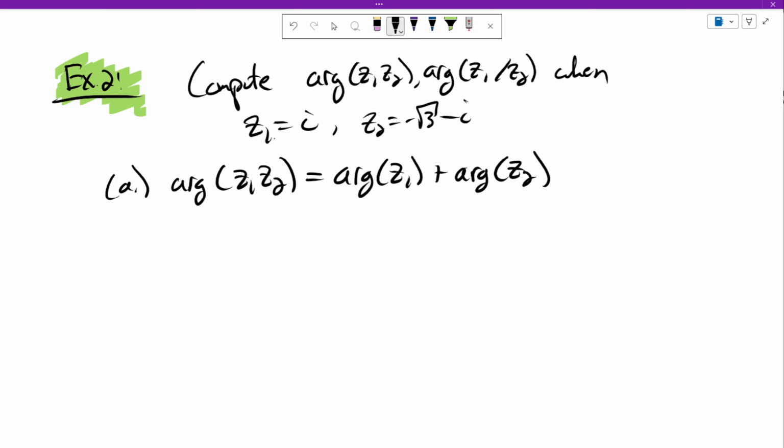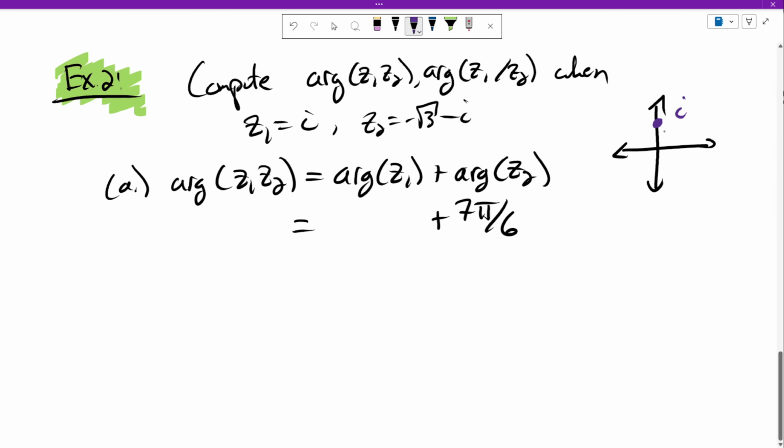Now, we computed the argument for z2 already. One of the examples we could have taken is 7 pi 6. And then we want to know what the argument for i is. Let's just do a quick picture here. i certainly makes an angle of pi halves with the positive real axis, so that's actually the principal argument for i.